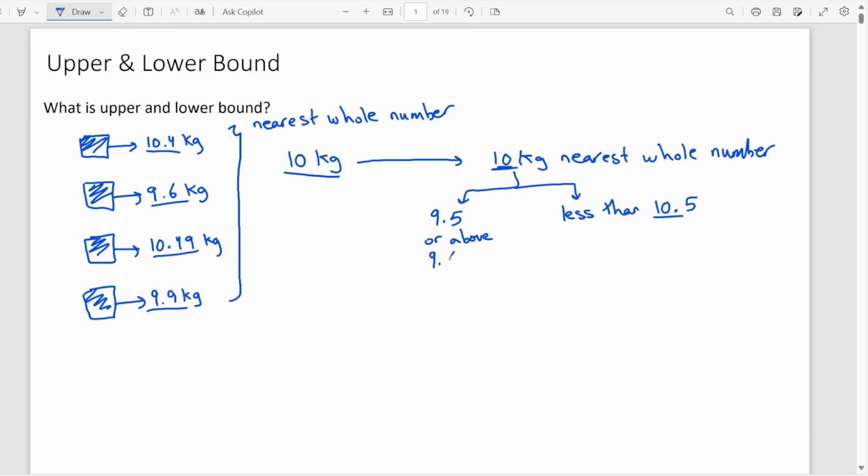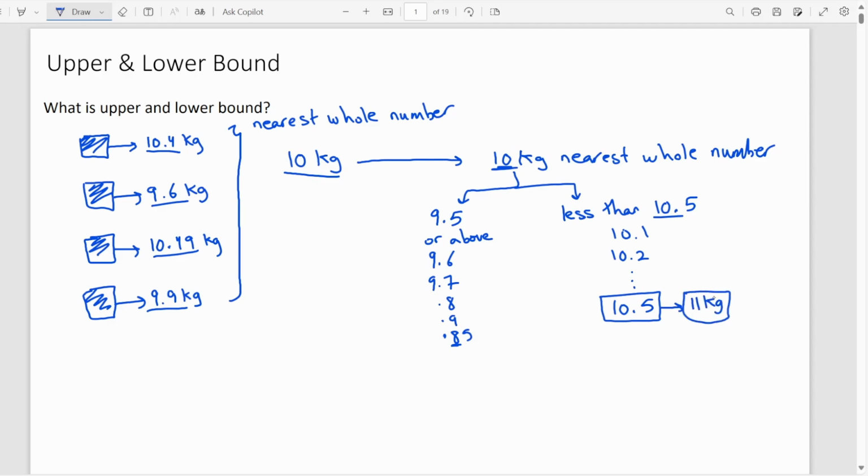So we're talking here 9.6, 9.7, 9.8, 9.9, even 9.85, for example. It doesn't matter. This is the number that matters here, but this is also a possibility. And the same thing here, 10.1, 10.2, and so on, but not 10.5, okay? 10.5 is not included because 10.5 would round up to 11 kilograms.